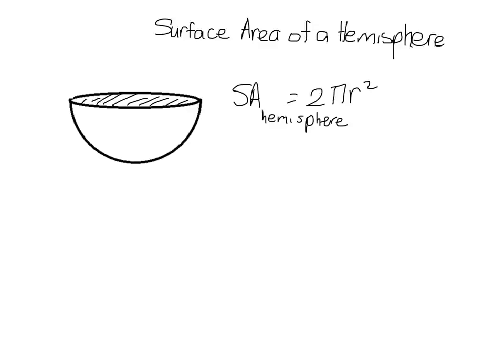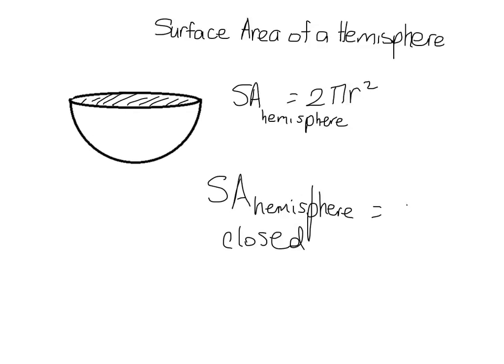So if your hemisphere is closed, you're going to have 3 pi r squared. So it's the hemisphere plus another circle on top.